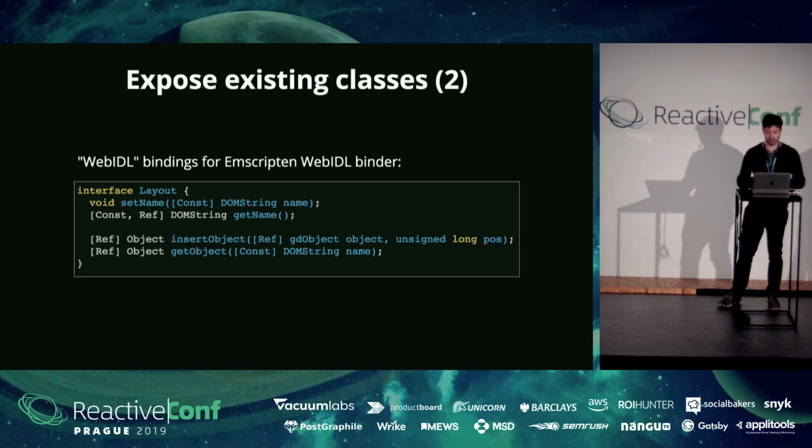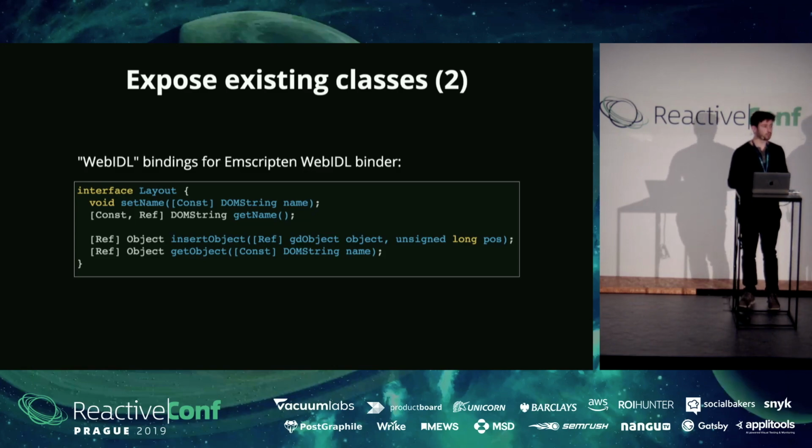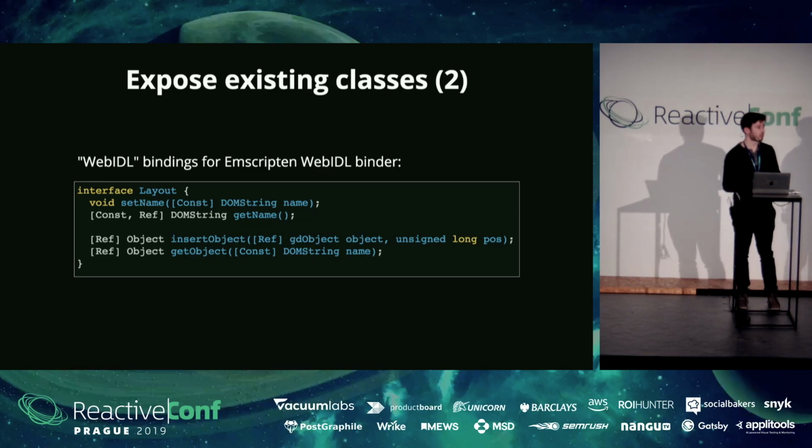We can also use it to show Emscripten what should be exposed to JavaScript. Here, I'm rewriting the interface of the layout class with two methods, setName and getName, and two other methods to insert and get an object. You can see that the types are slightly different, and you have to look at the documentation of Emscripten or your language to see what types are converted between your language and JavaScript.